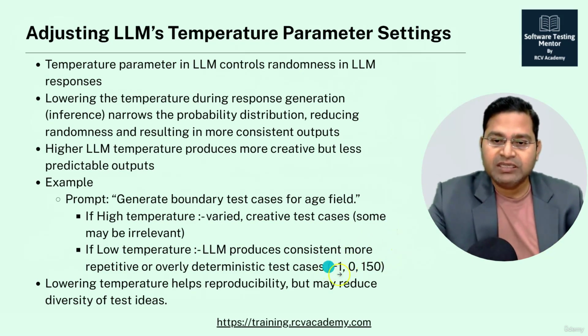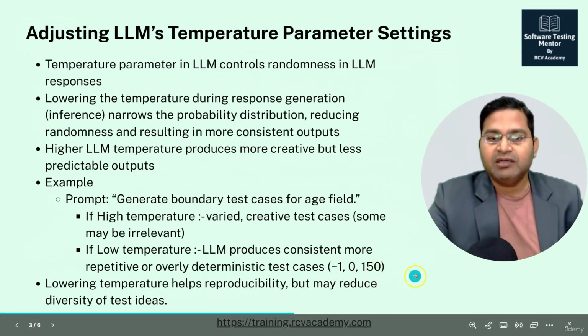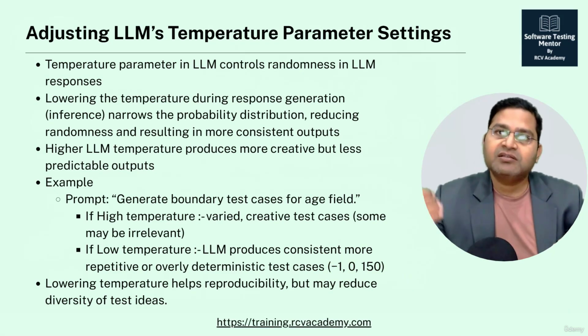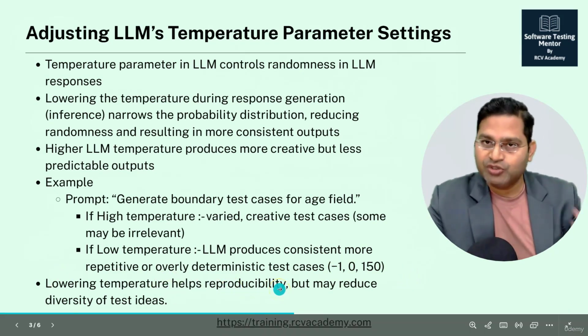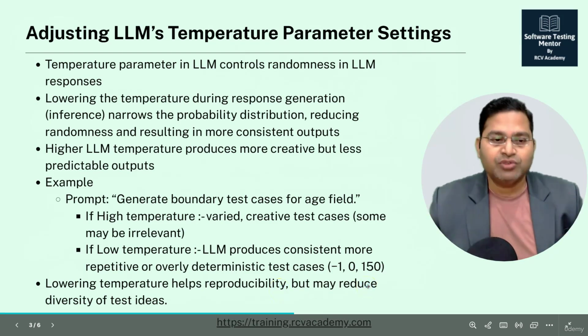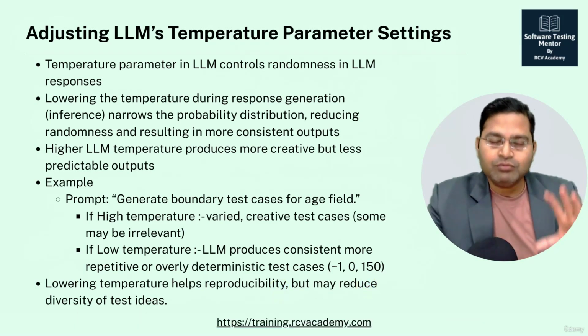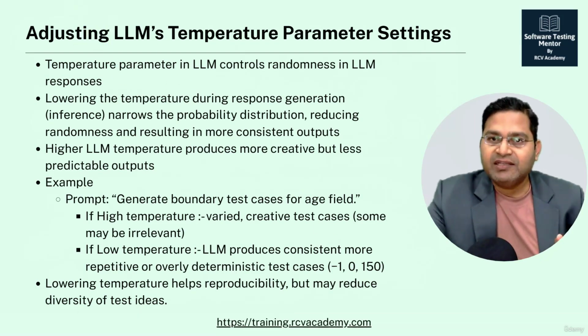For example, you will see similar numbers or similar test cases with similar test data generated every time you ask the same question to the LLM. Lowering the temperature helps reproducibility, but it reduces the diversity of the test ideas. So you have to think about the balance. This is one way to mitigate the non-deterministic behavior of LLMs.